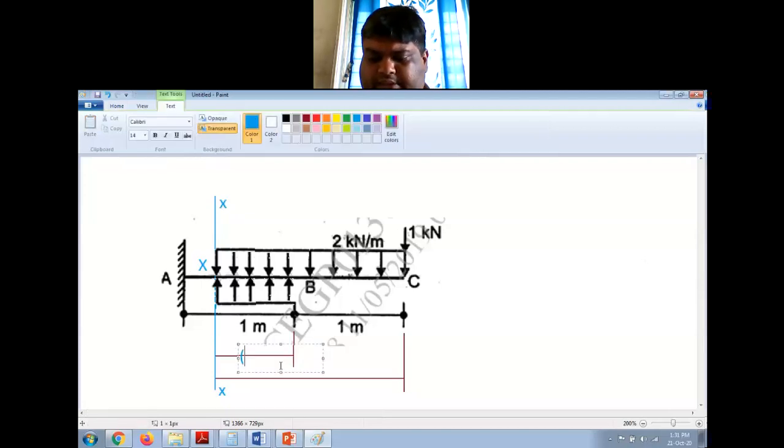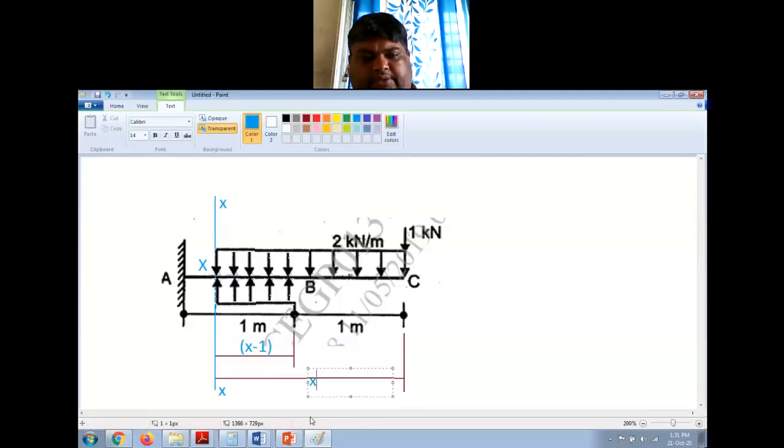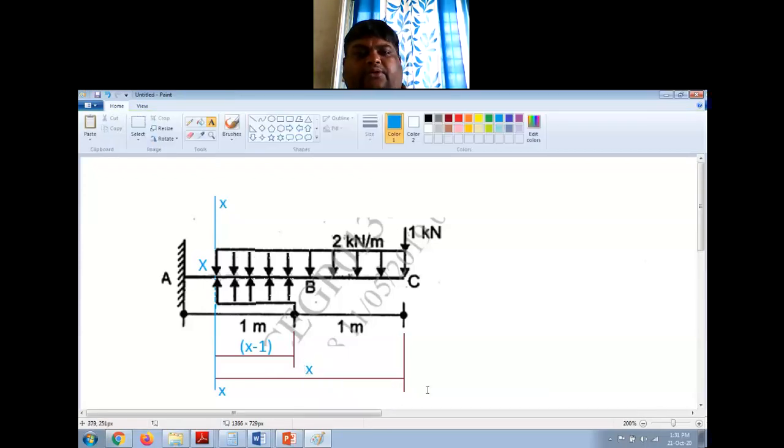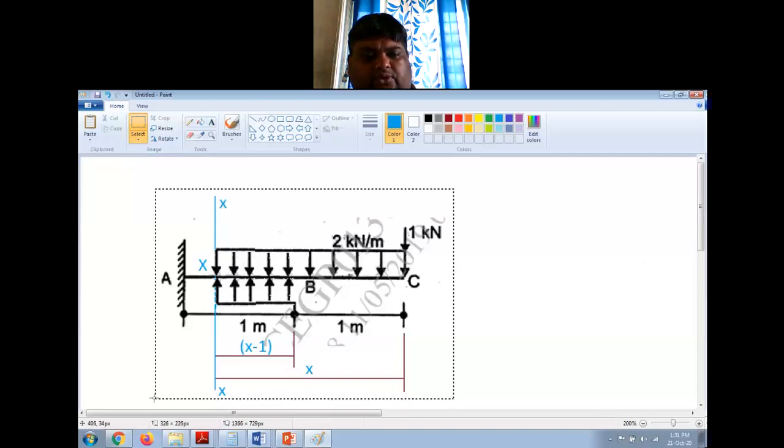This is X minus 1 meter, and this is X, right? So with these changes, we will take this sketch to our solution.